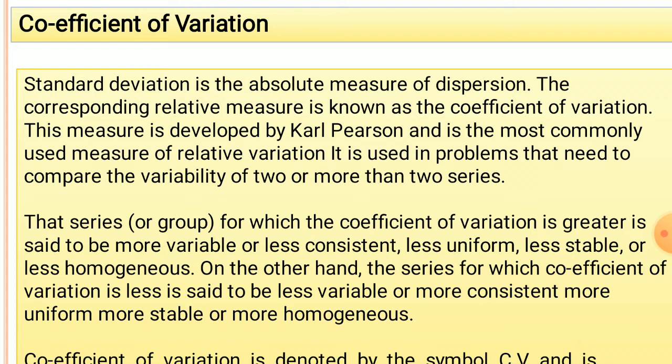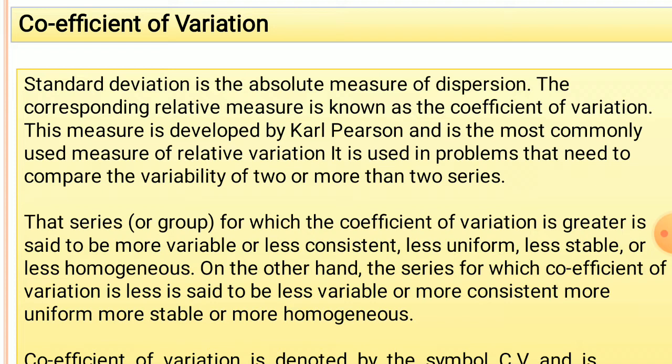This measure was developed by Karl Pearson, and it is the most commonly used measure of relative variation. It is used in problems that need to compare the variability of two or more series. The series or group for which the coefficient of variation is greater is said to be more variable, less consistent, less uniform, less stable, or less homogeneous.